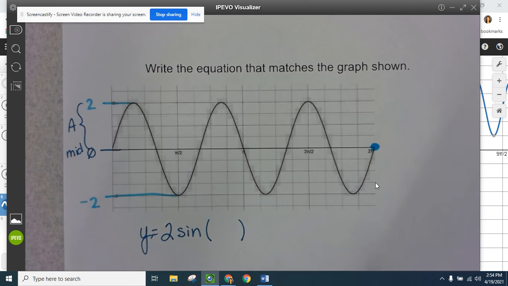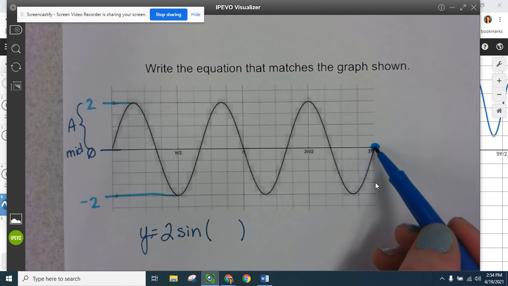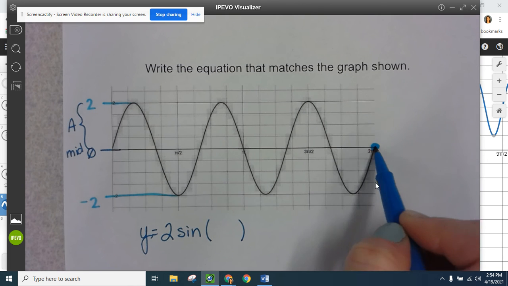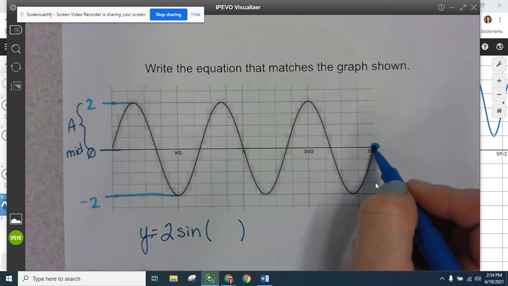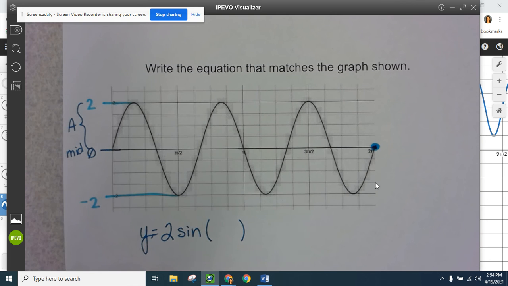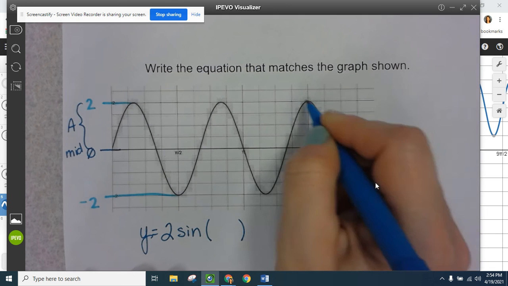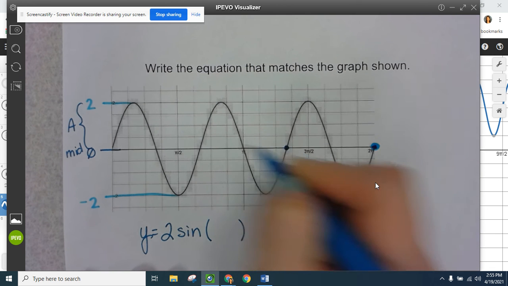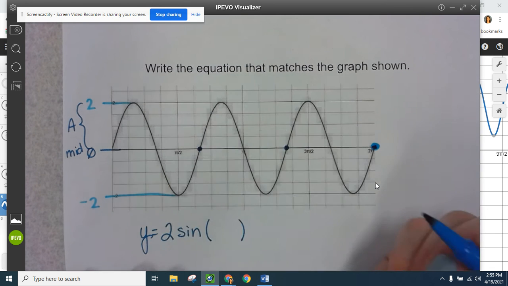All right, now if you can find your end point for one curve at 2 pi, I can determine how many are happening in 2 pi. So, traveling backwards, here's an end point, and here's an end point.